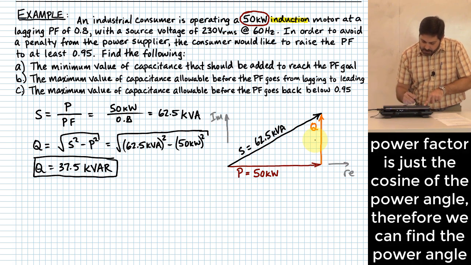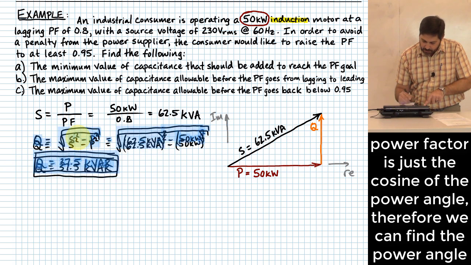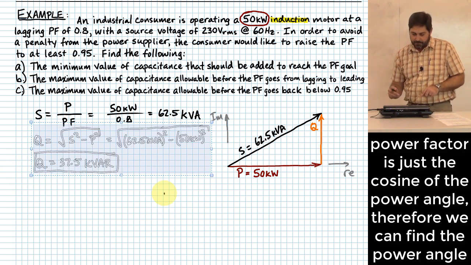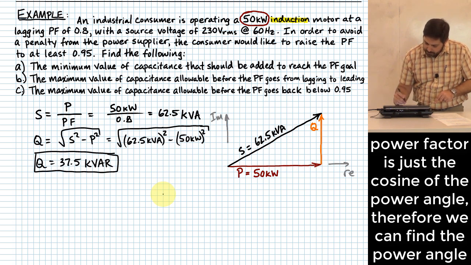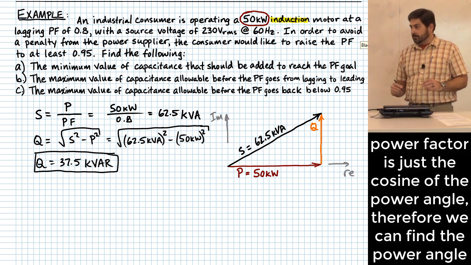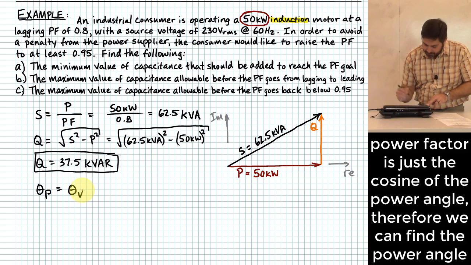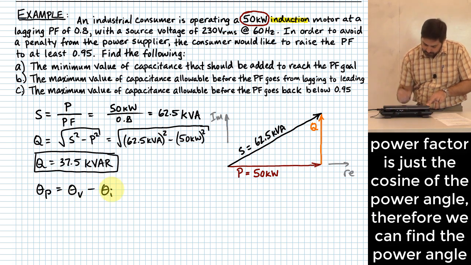All right, let me show you another way to do this, though, that I think is important to link up, because there are 2 different ways that you can look at the geometry of this power triangle. The other one is to remember that it is related to the power angle. You might remember that the power angle was equal to the phase angle of the voltage minus the phase angle of the current.